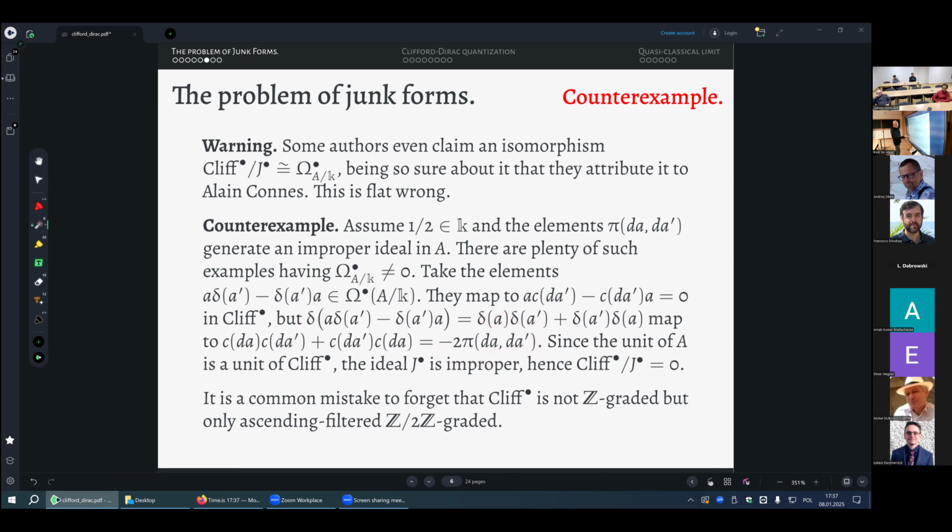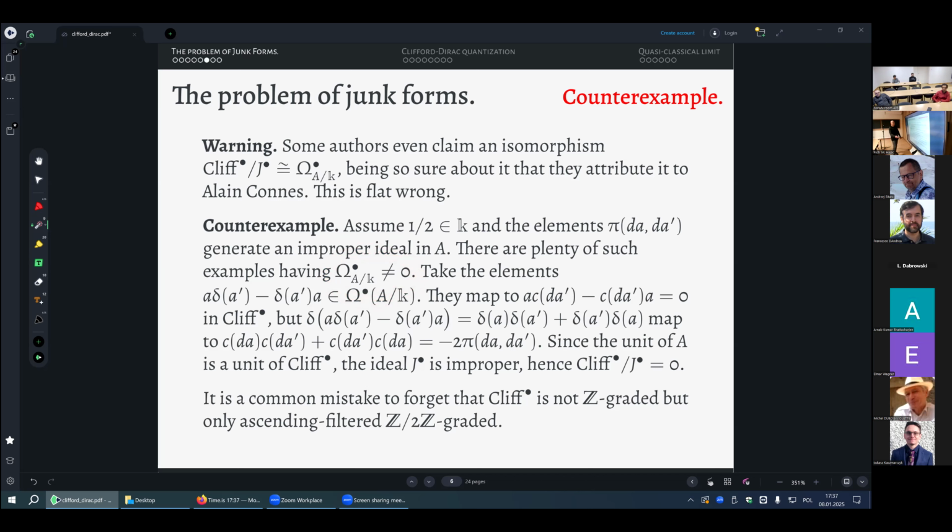So if such an element spans the unit of the algebra A, and since the unit of the algebra A is also the unit of the Clifford algebra by the canonical map, we see that this ideal of junk forms is improper, which means that the quotient of the Clifford algebra divided by junk forms is trivial, although the algebra of differential forms is not trivial.